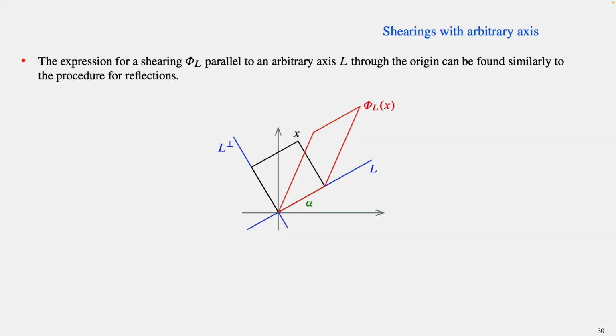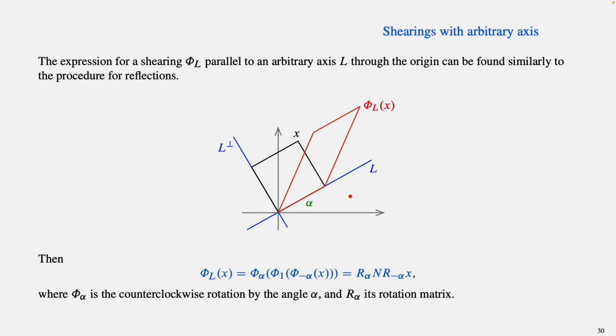Now, if we want to shear parallel to some other axis rather than the E1 axis, like we have here, some axis L, which has an angle alpha to the first coordinate axis, then we do this in a similar way that we did for the reflections. So we can use our trick of coordinate transformation. We rotate the axis back onto the first coordinate axis.